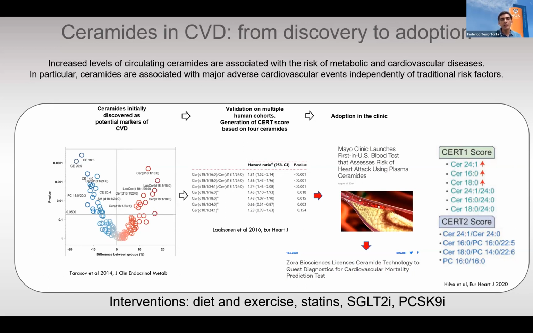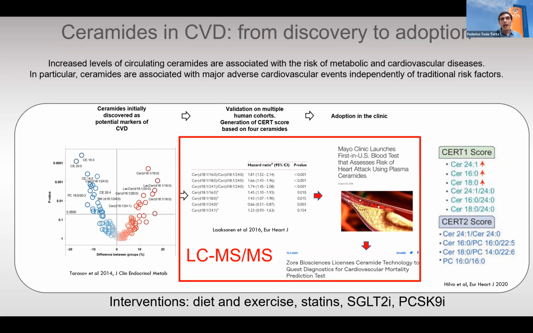So that means that integrating the CERT scores with other risk predictors or other models, such as, for example, high sensitivity troponin assays, improves the prognostic potential of these tests. And let's keep in mind that all this was done by LC-MS/MS, a technique that is very close to what we do, and how this then translated into the ring trial we'll talk about in a few seconds.